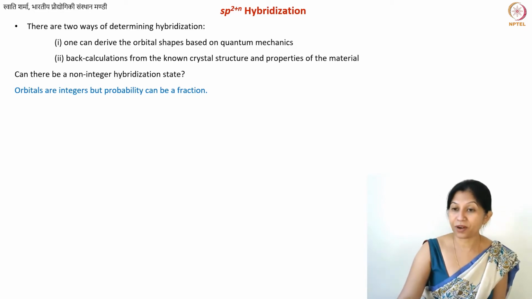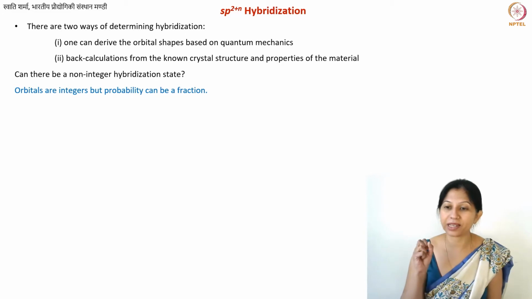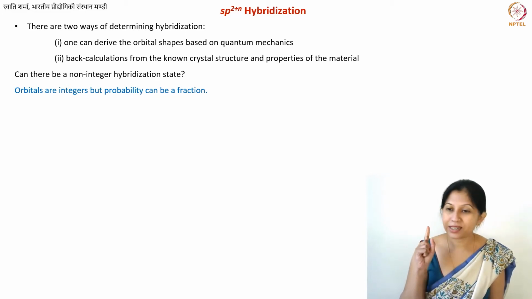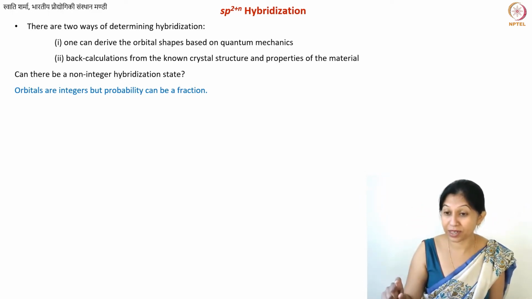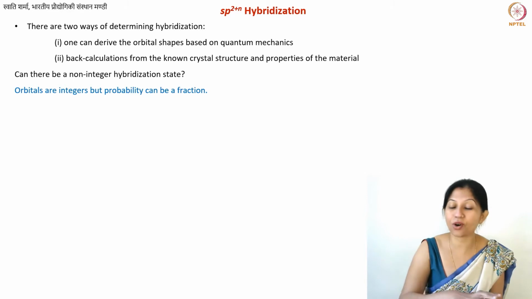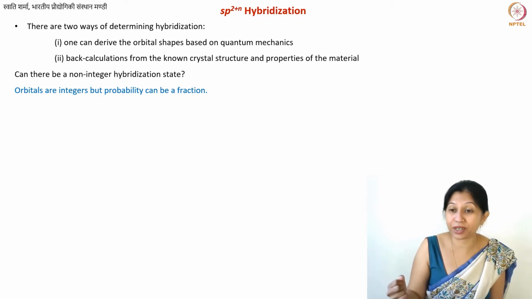But in the case of graphite, it becomes interesting. Now you have this unhybridized p orbital. What is interesting for us is to figure out what is the probability of finding the electron in that unhybridized p orbital. As such, if there is no other option for the electron, then that probability is going to be 1. But what if there is some option, if the electron can potentially also go somewhere else?